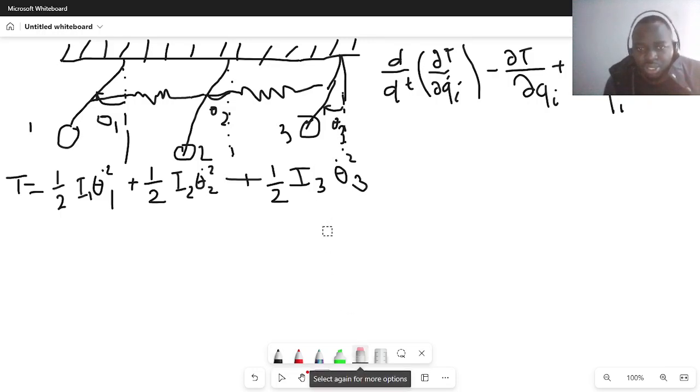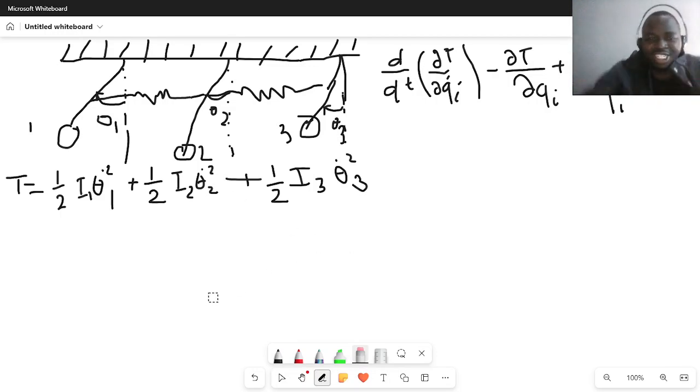I don't want this one to confuse anyone, this dot here, not part here. Now we have written the kinetic energy for this system. That's how it is done, simple as that.